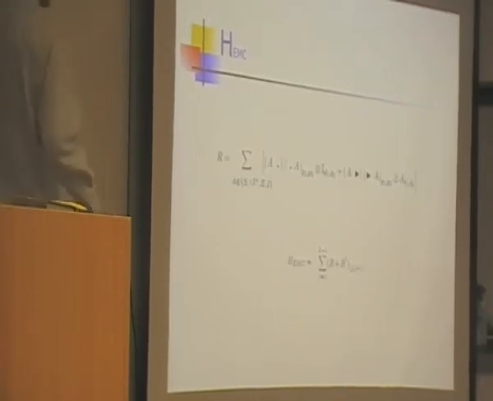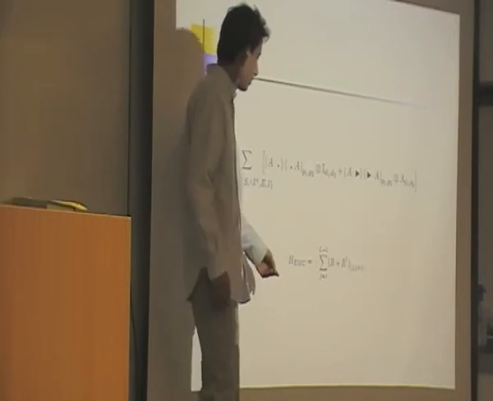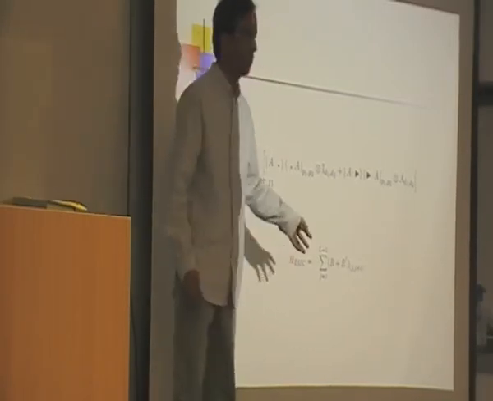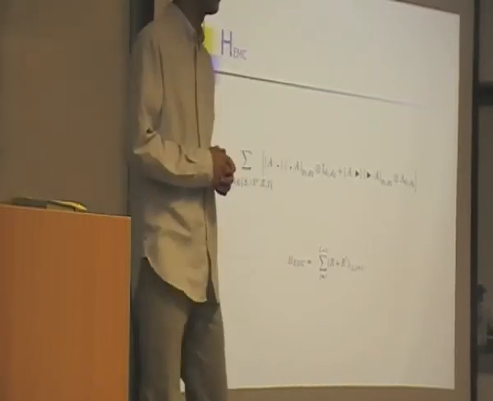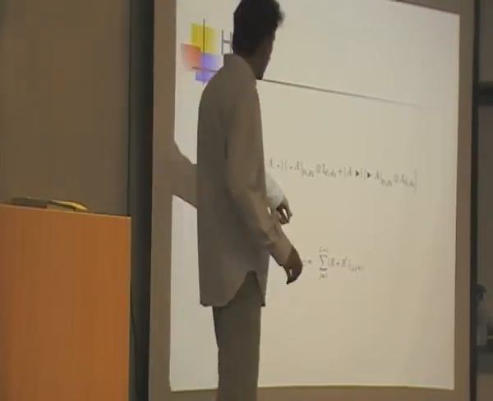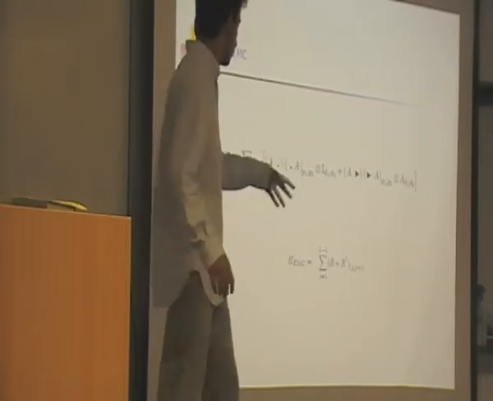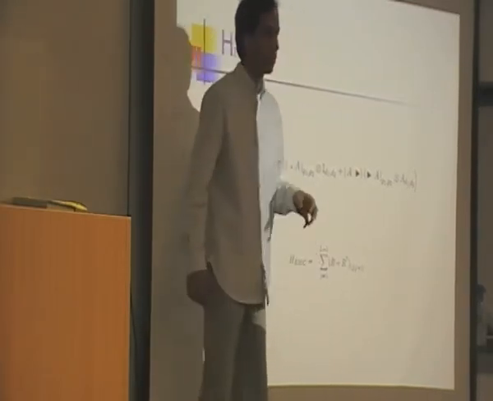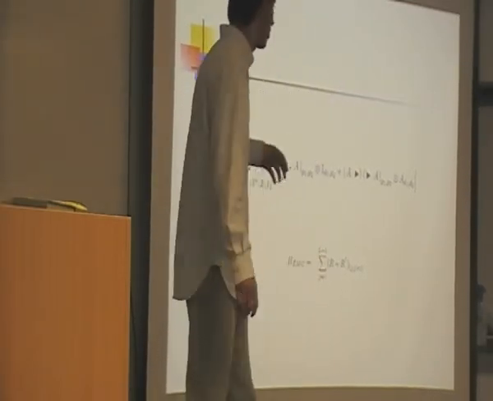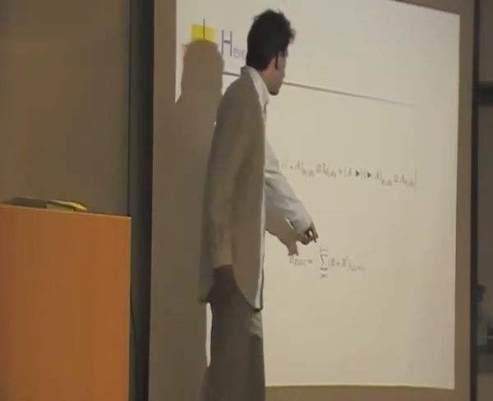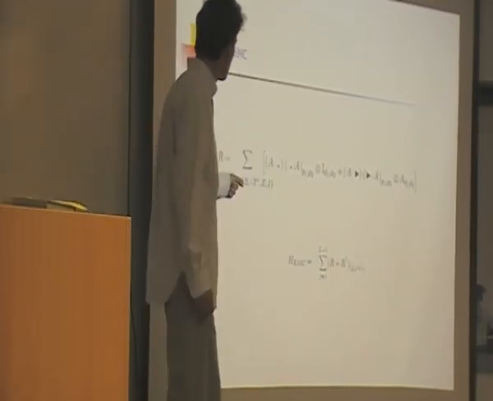And here's just the basic Hamiltonian construction, just like the previous ones, that has one term for moving forward and the complex conjugate term for moving backward. But what are these R terms?